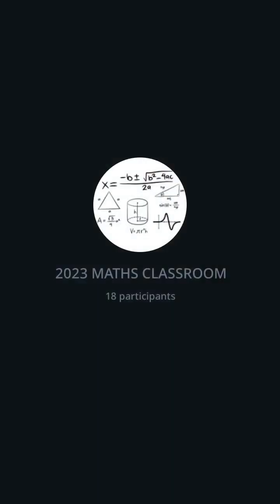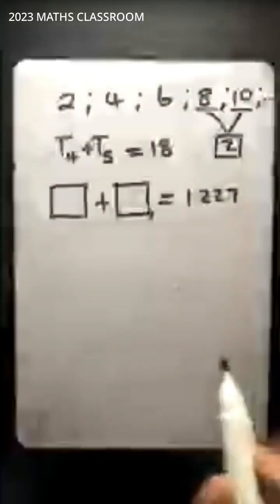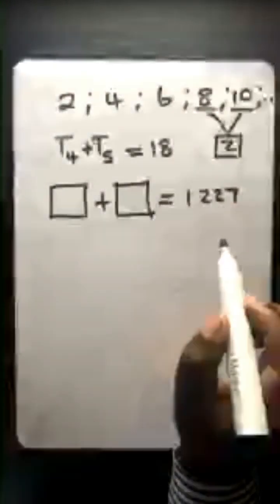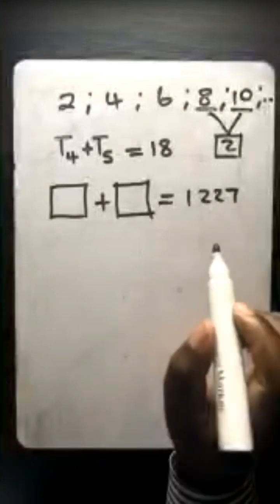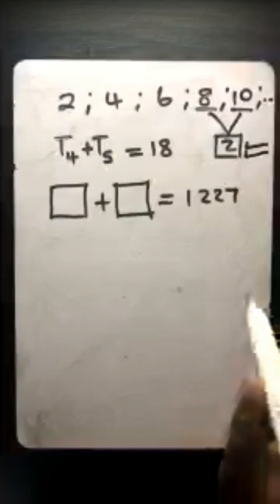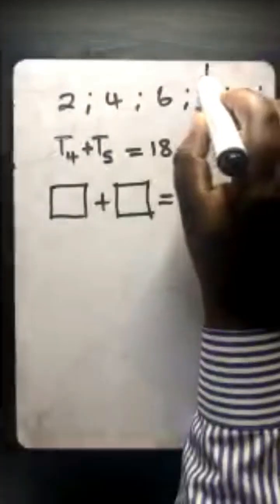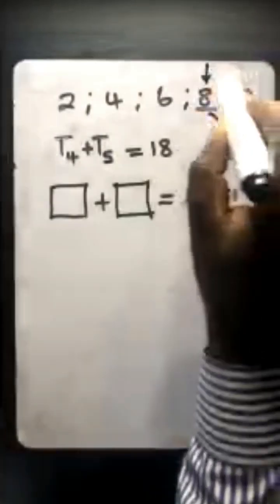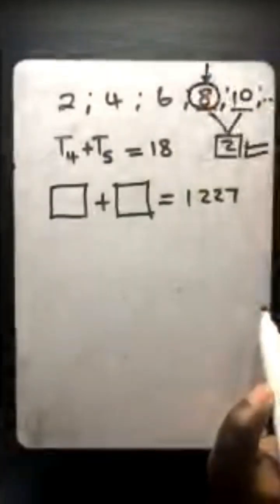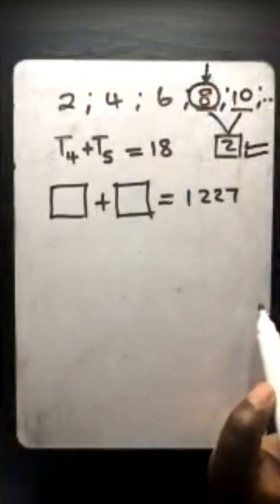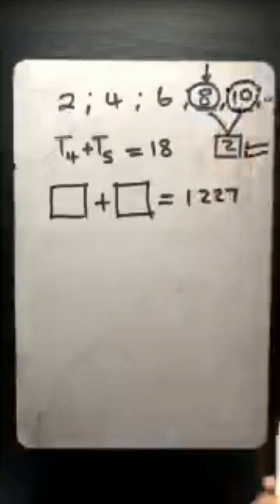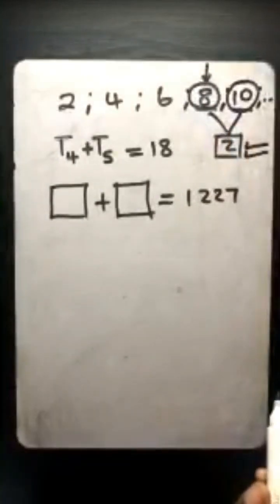But before you can calculate that, you need to know what that term number is. Once you can calculate that term number, it's going to be easy to then calculate the value for that term number.